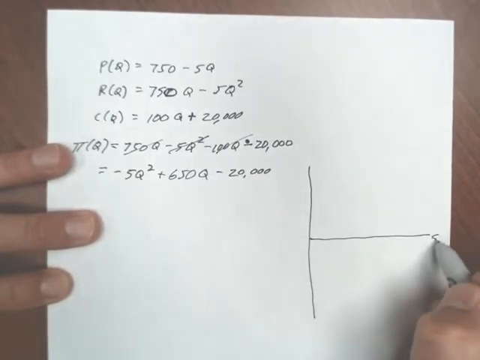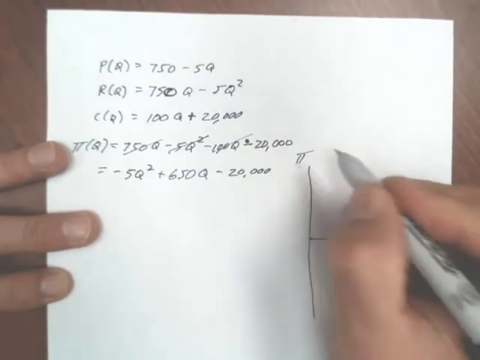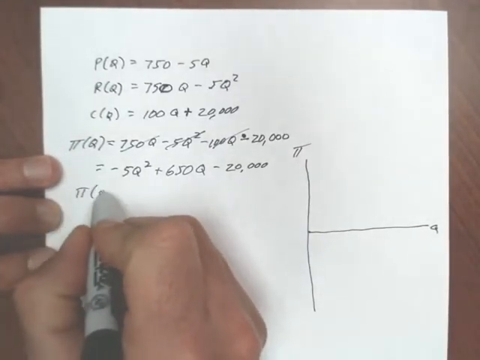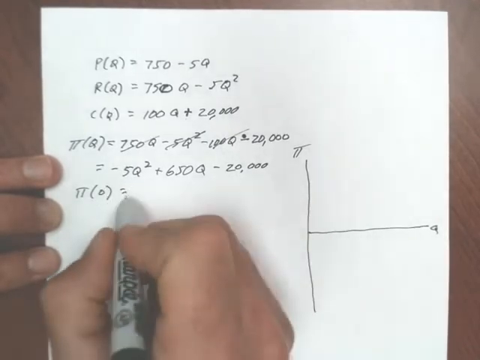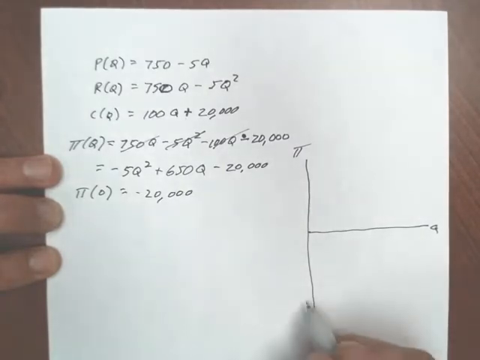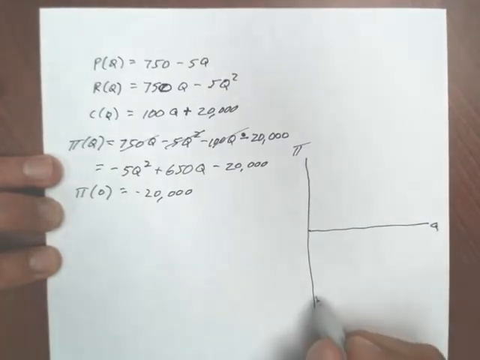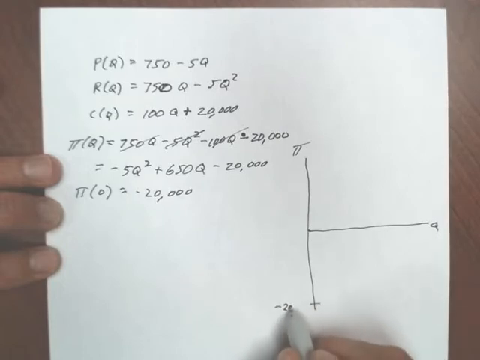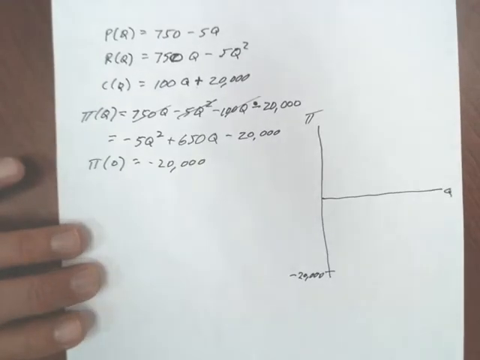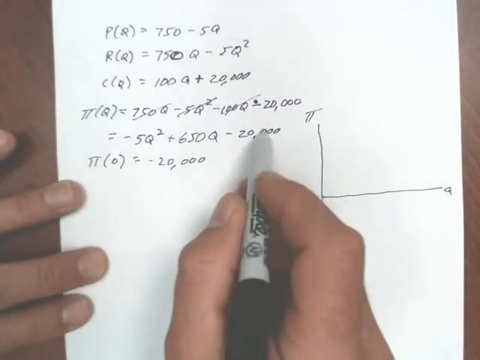So again, we're going to make our profit graph, Q on the horizontal axis, profit on the vertical axis. At pi of 0, when we're completely shut down, our profit is negative 20,000. So we have negative 20,000.